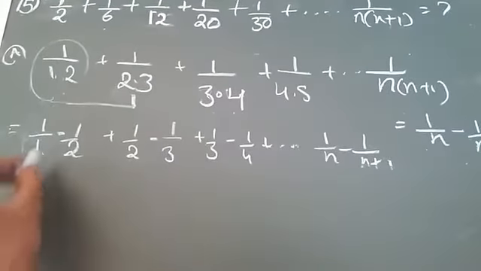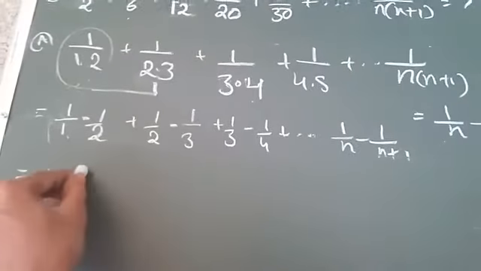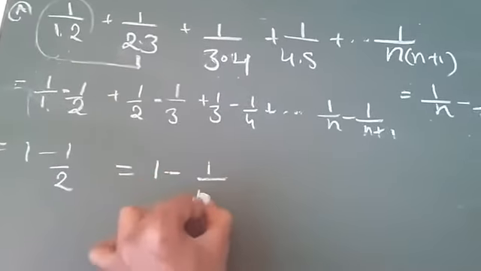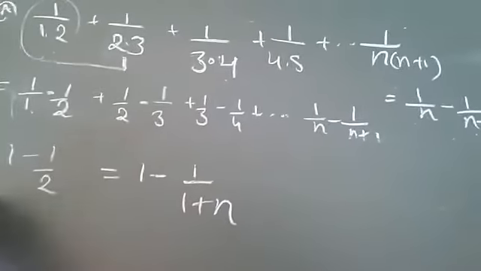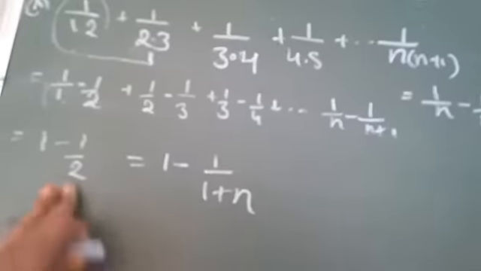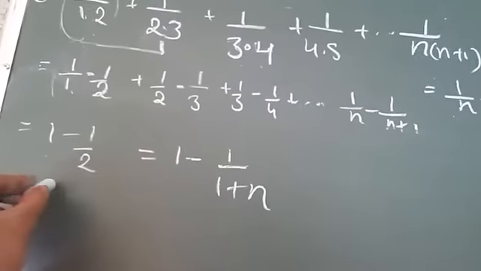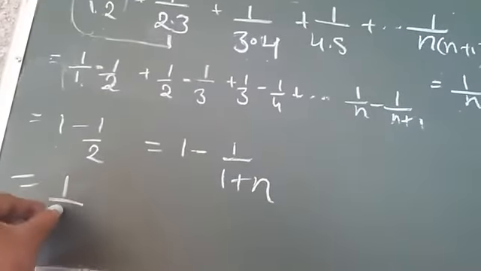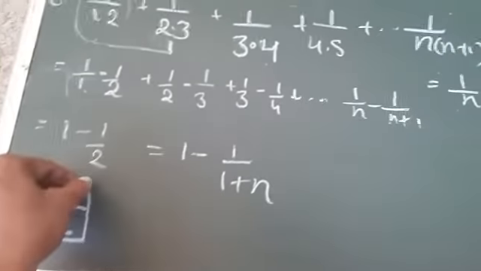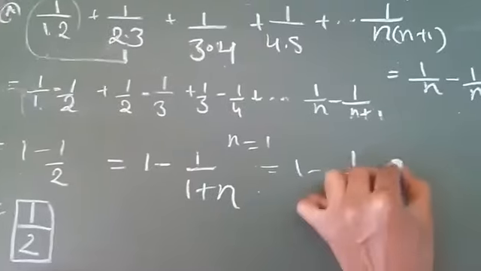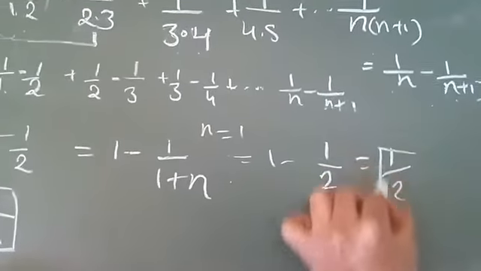So let us take the first term 1 by 2 as 1 minus 1 by 2. Replace this as 1 by 1 plus n. Here the n is 1. When you substitute n equal to 1, 1 minus 1 by 2, it will become 1 by 2. You got the same answer.